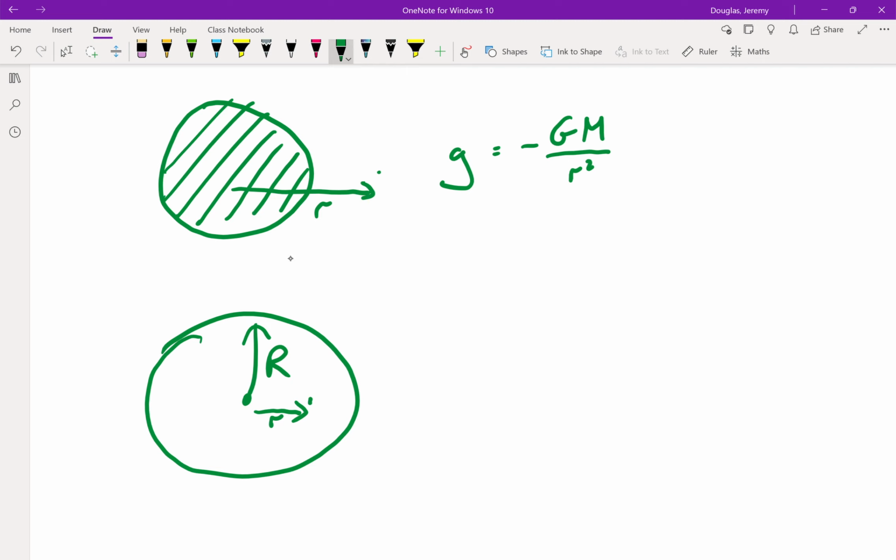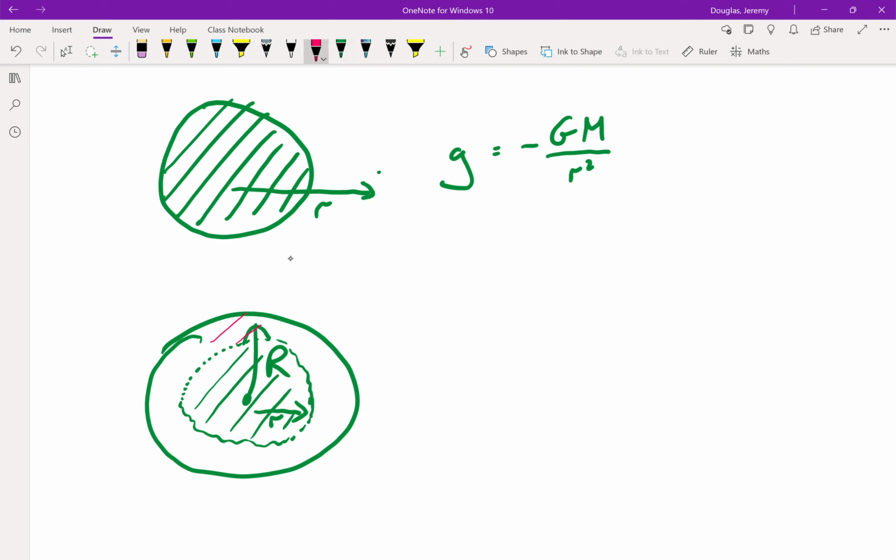Well, we're going to imagine dividing the Earth into two pieces, the bit outside and the bit inside. So that's the bit that's inside, and the field due to that is what we are going to need to calculate. But first, we're going to need to think about the bit outside.